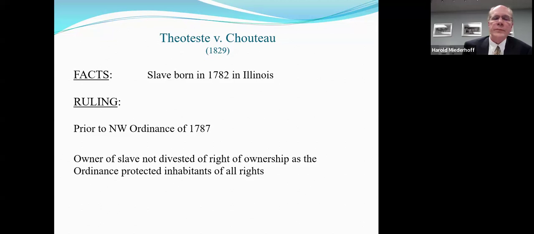Once you're free, you should always be free. Well, the court ruled, when you were born in Illinois, the Northwest Ordinance wasn't around. It was a law that was created in 1787, years after your birth. So you can't take advantage of a law that didn't exist when you were born or when you were claiming your freedom.